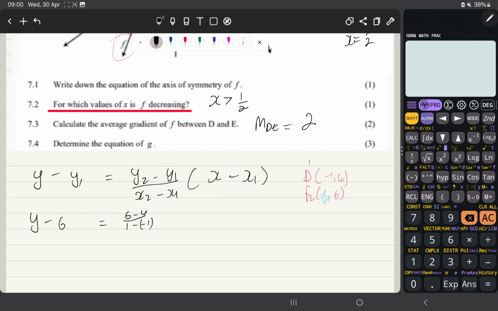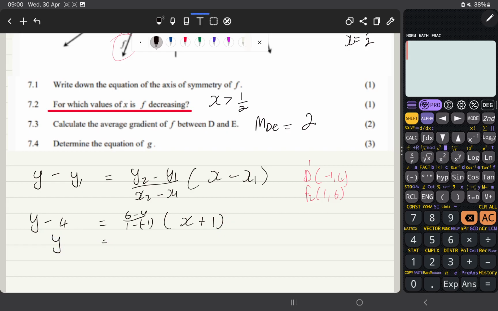I'm going to have x minus, wait, this is y1, so this will have to be minus 4, and then y2 minus y1, and that means this is y1, so this right here is going to be plus 1.